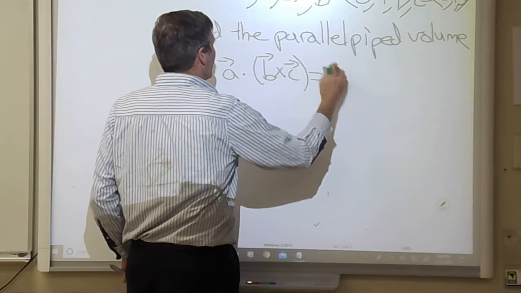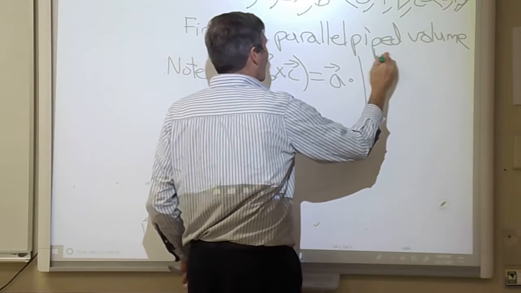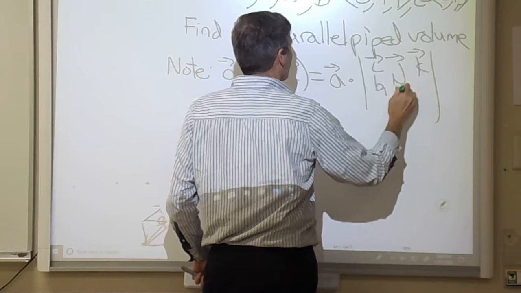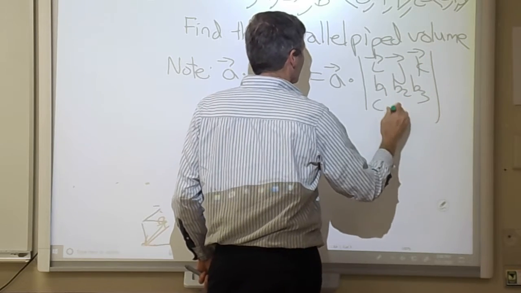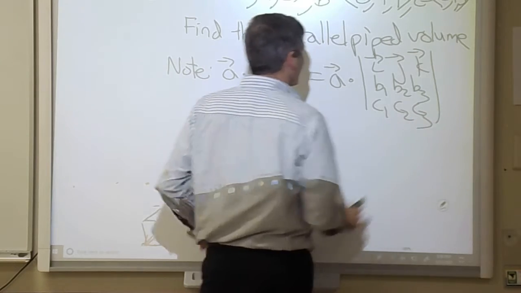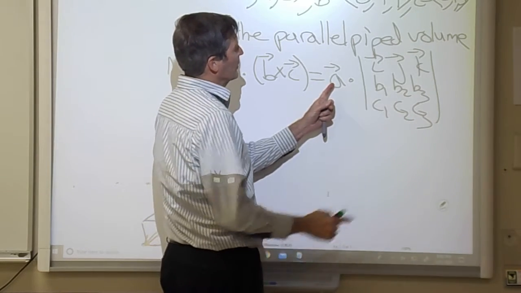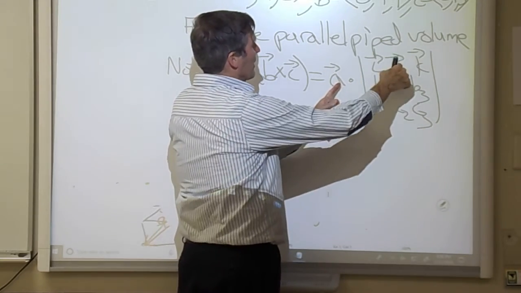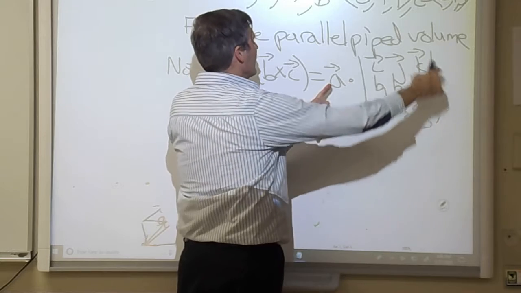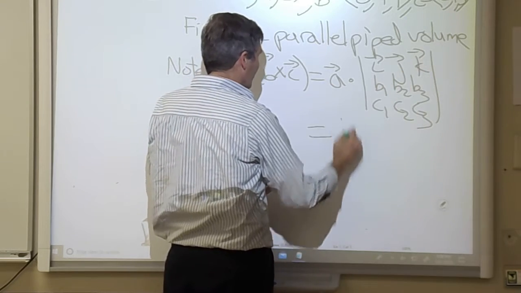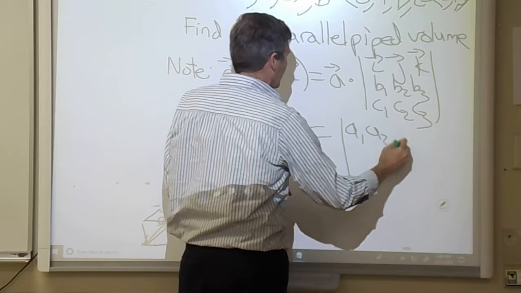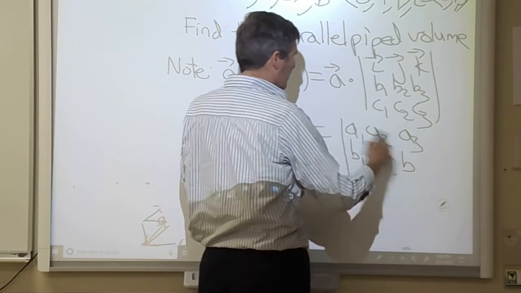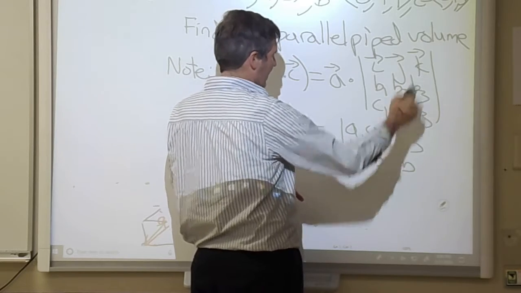You're taking A dot this determinant, I, J, K, B1, B2, B3, C1, C2, C3, and the dot product is going to take A1 with the first component of this, which multiplies I, A2 with the second component that multiplies J, and A3 with the third component that multiplies K. So this is equivalent to just putting A1, A2, A3 in the first row.